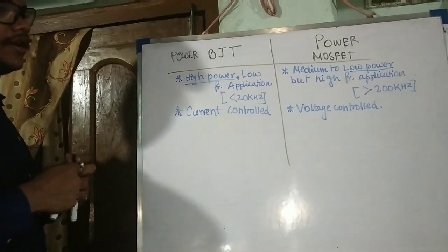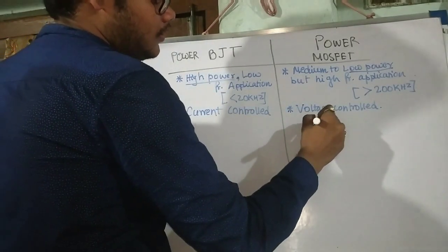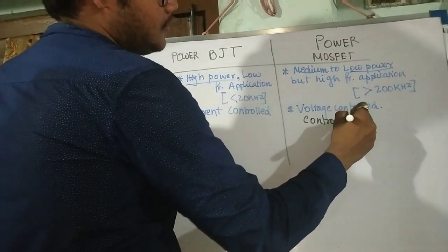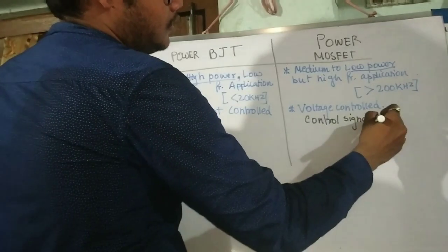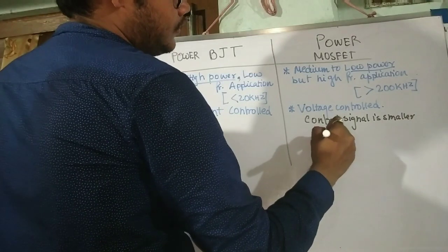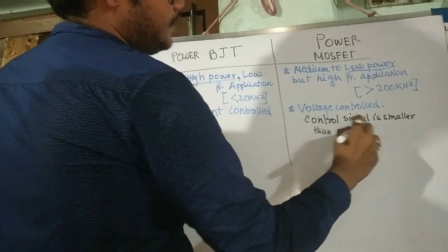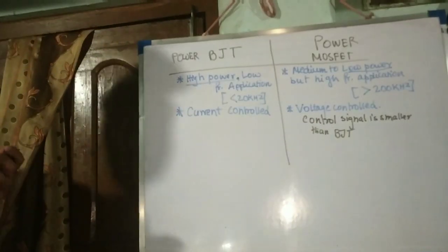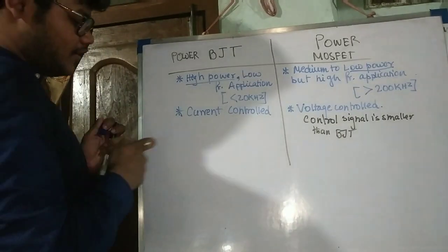That means the control signal is smaller than BJT.